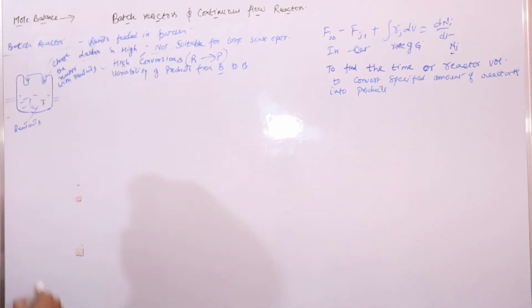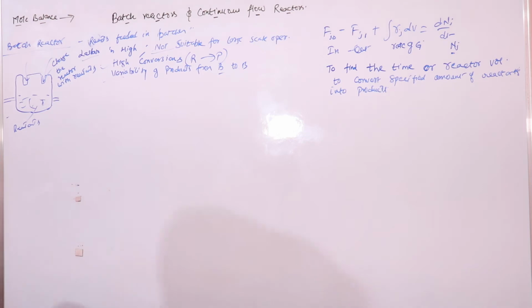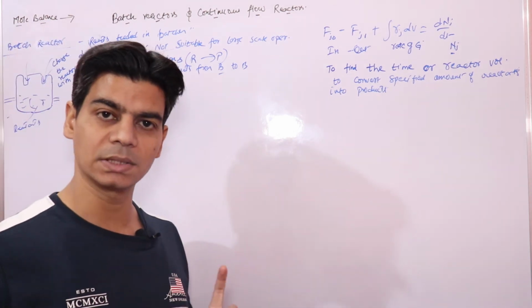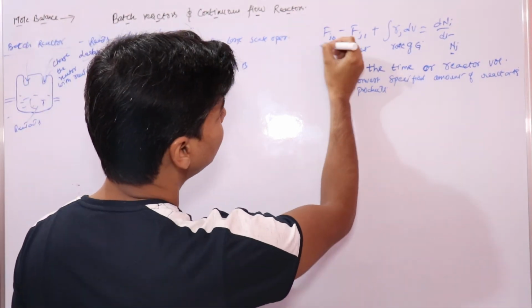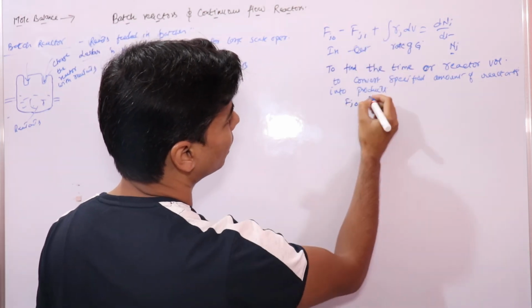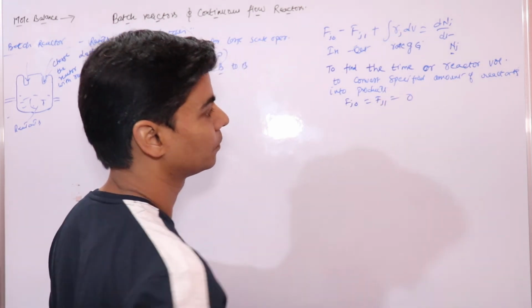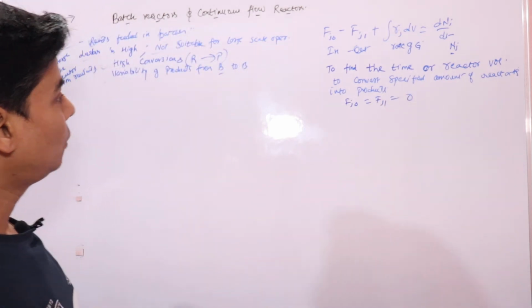So you can see that there is no inflow or outflow at the time of reaction. So here these two terms, Fj0 and Fj1, are both 0.